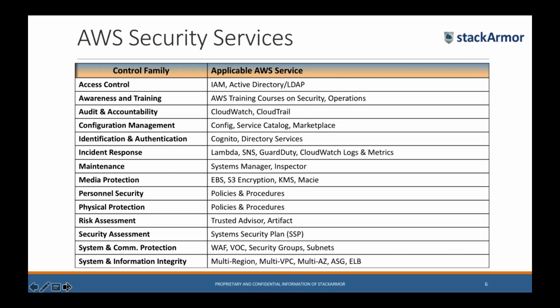The key part here is to be familiar with all of these additional services and what they can do for you and how you can protect your environment, especially if you are a customer in one of the regulated markets.